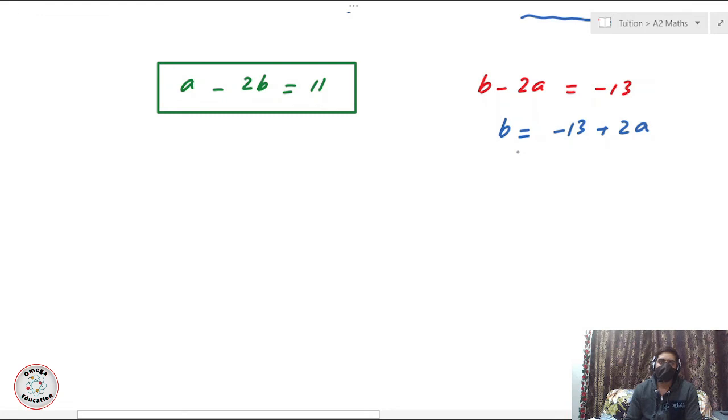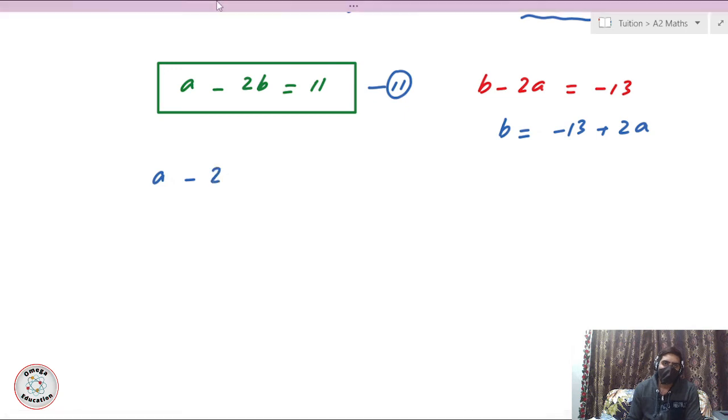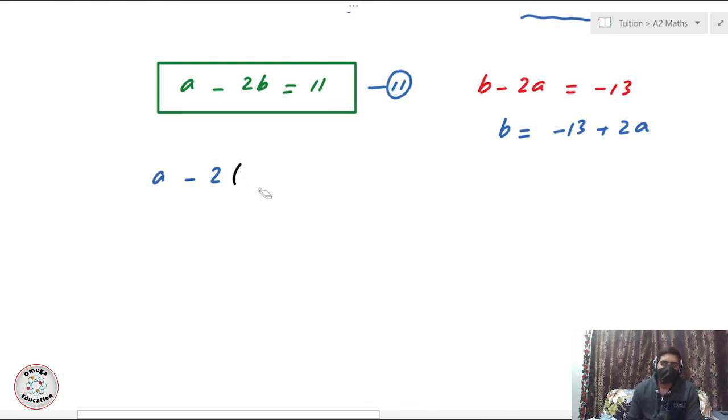Then insert the value of b into the second equation, a minus 2 times 2a minus 13, and that equals 11.